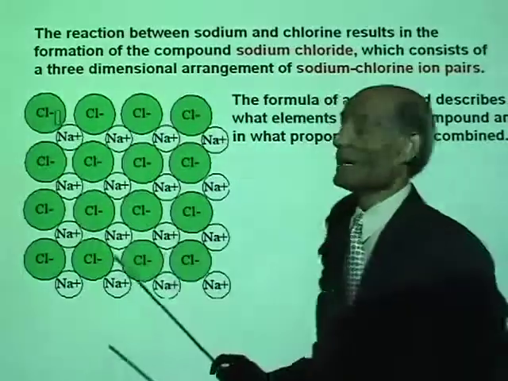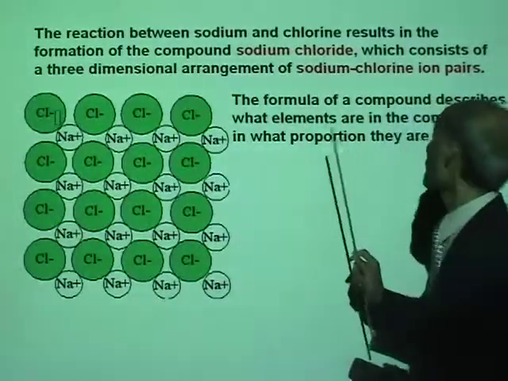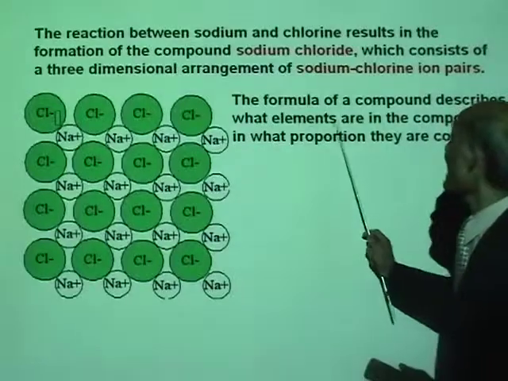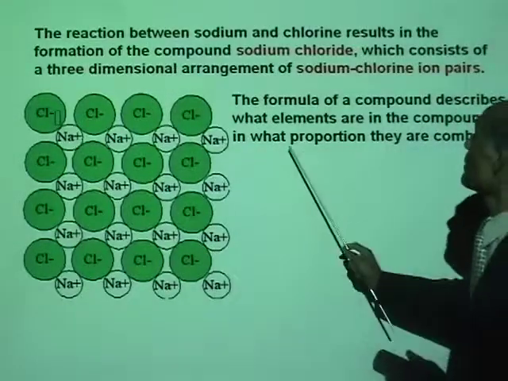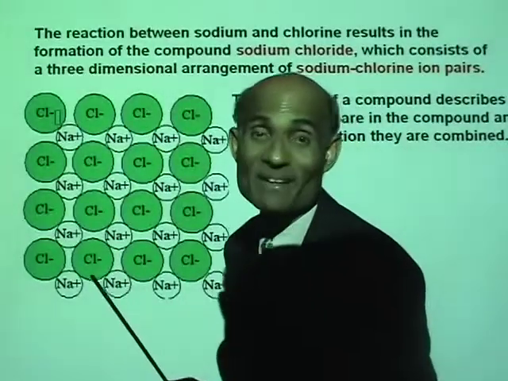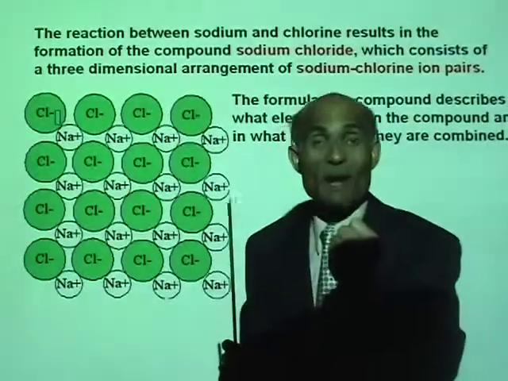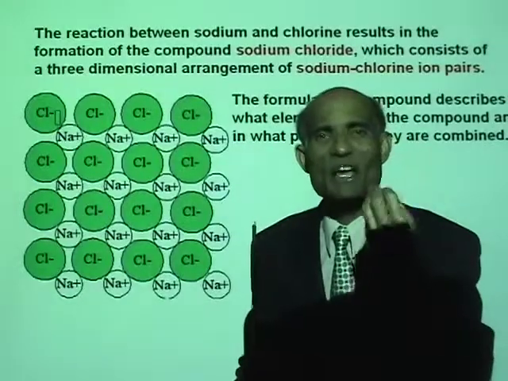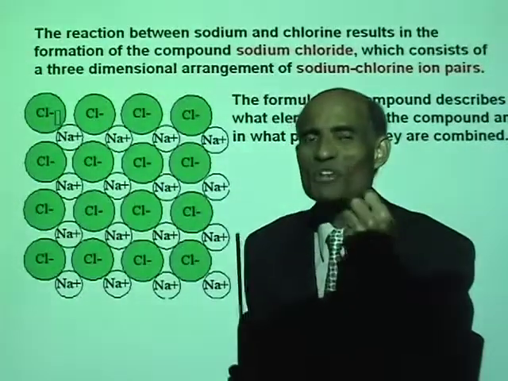Now, the formula for a compound describes what elements are in the compound and in what proportion they are combined. So every compound is described by a formula. Now, what does the formula describe?